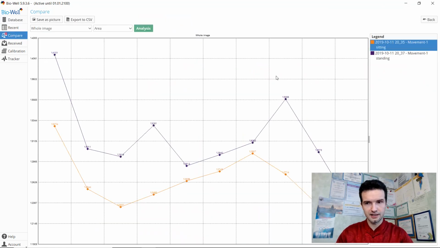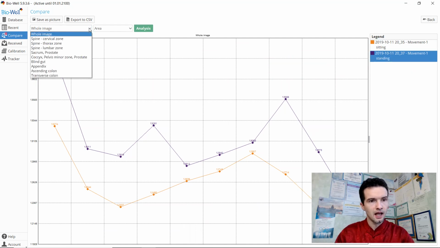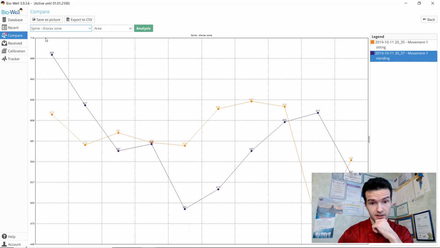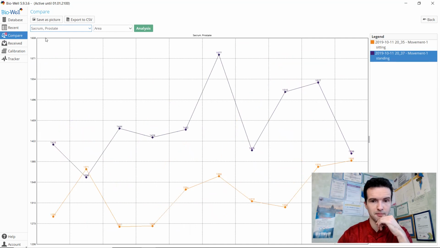So we can clearly see that when person was standing, the area of emission is generally higher. And if we go through the sectors, we'll find out that cervical zone is almost the same, thorax zone too, lumbar zone more or less the same, but the sacrum is not the same.